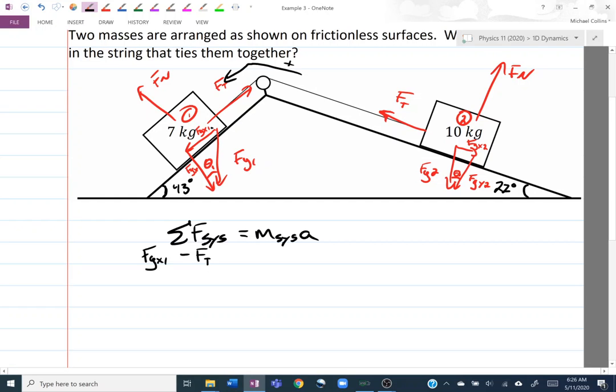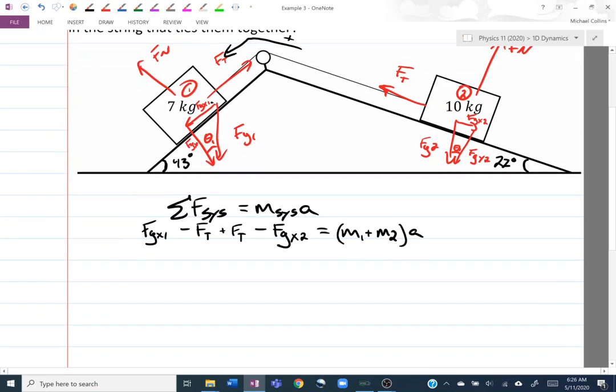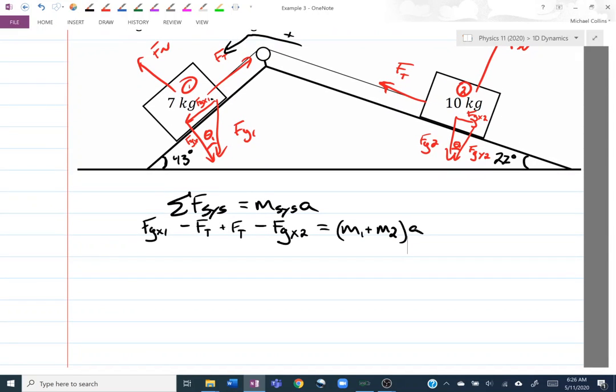On box 2, I've got a positive Ft, and I have a negative Fgx2, and that's going to be equal to the sum of my masses times its acceleration. Again, my forces of tension cancel, which is perfect, and my Fg1x is an opposite component.